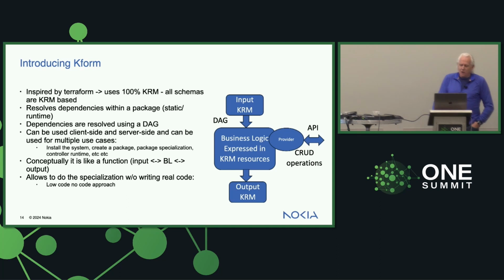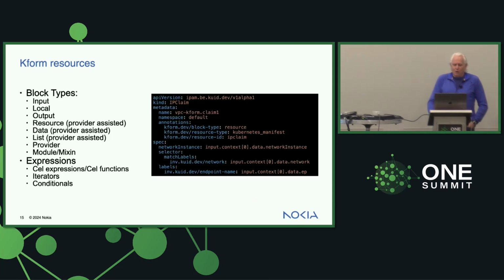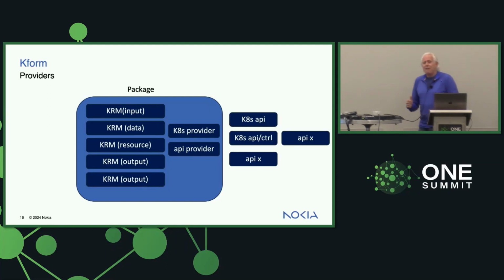Now, it turns out that because we use 100% KRM, we actually don't need just one provider, right? So there is a provider that accesses the Kubernetes API server. But of course, not everything is necessarily built through Kubernetes resources.